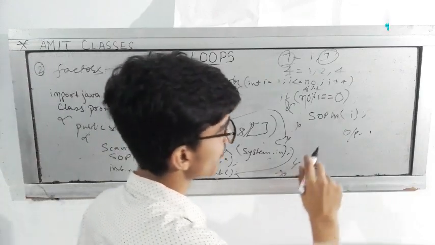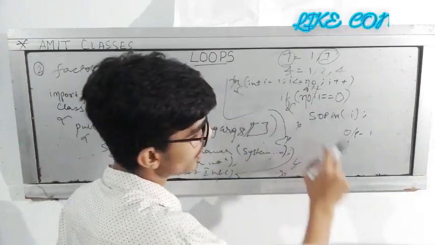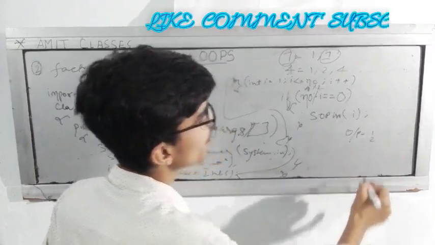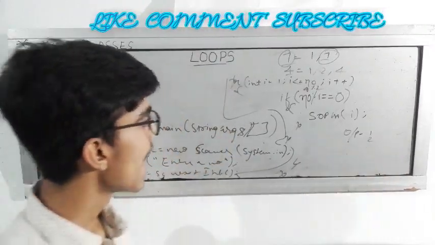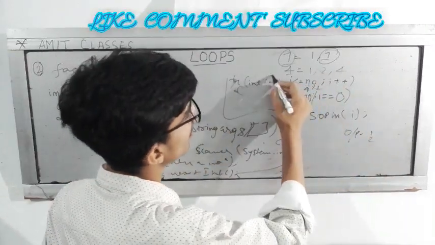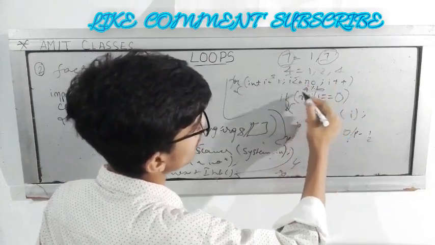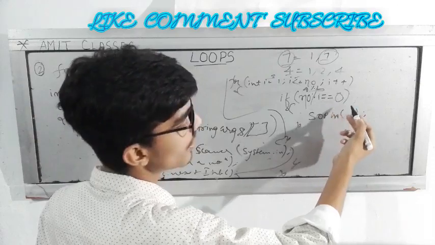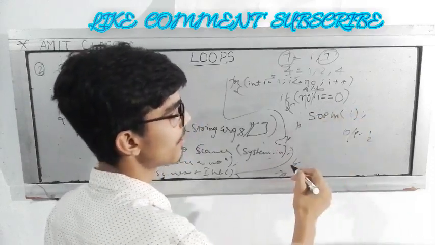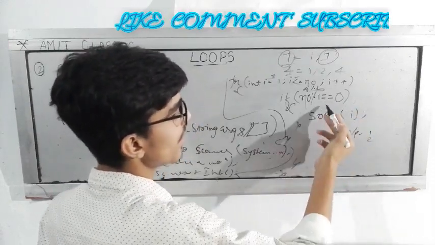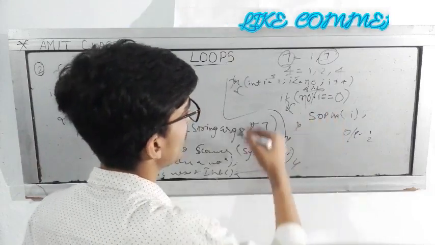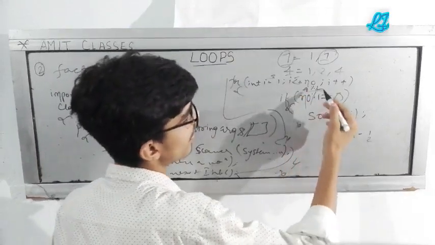So 2 is also a factor of that number, and we print it. After this 3 will go. 3 is less than 4, yes. Now 4 mod 3 is equal to 0? No, we cannot divide it by 3. So this condition would be false, and it will go again inside the loop.